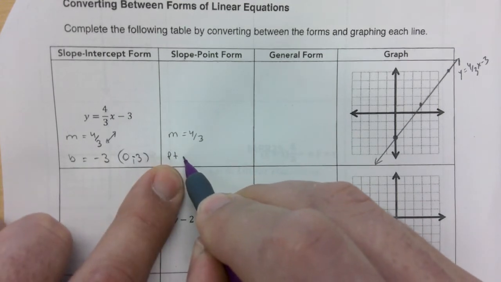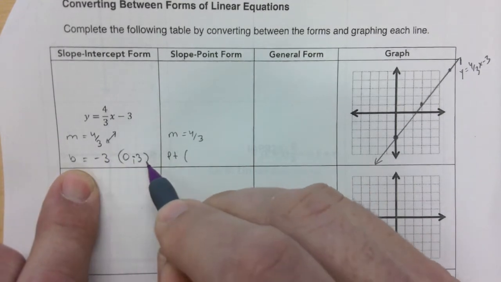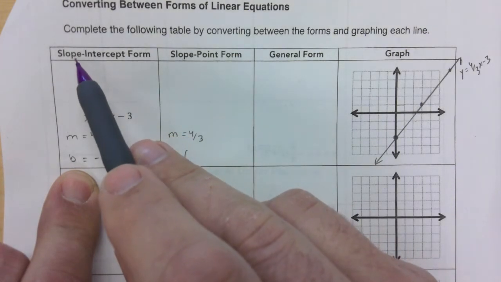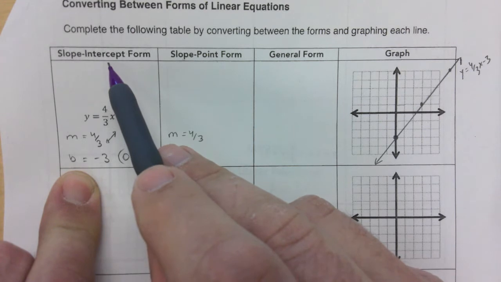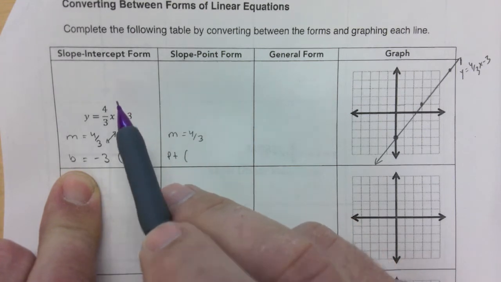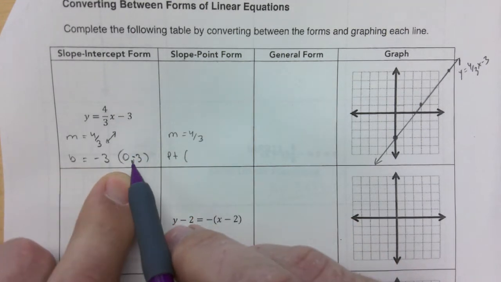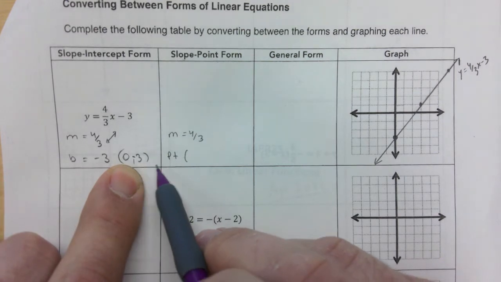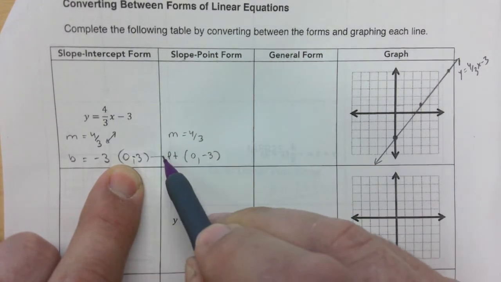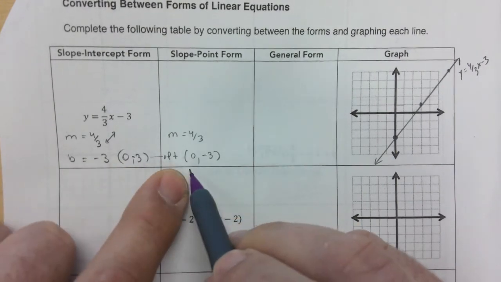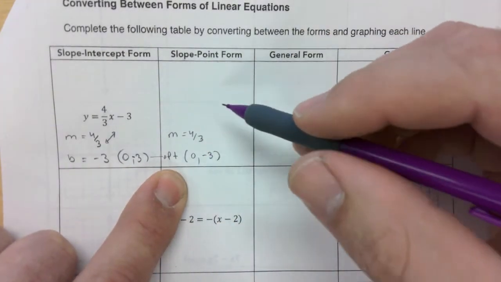You actually know a point here as well. This should technically also be called slope point. However, that point is always particularly the y-intercept. It's always 0, -3. So you can just borrow it if you want, right? It also gives you a point, and now you just have to write it in this form, right?